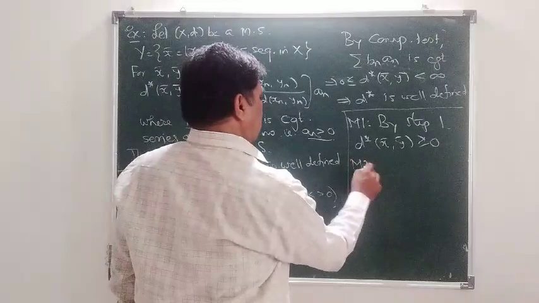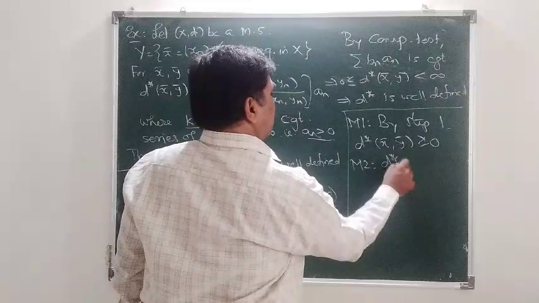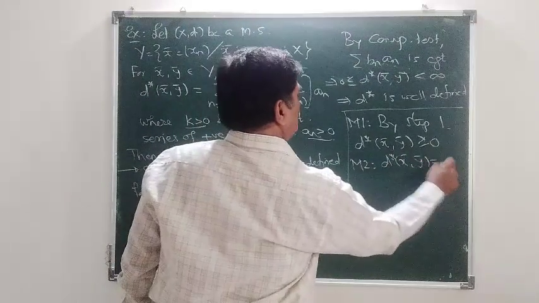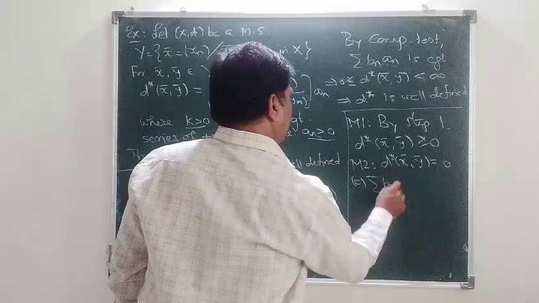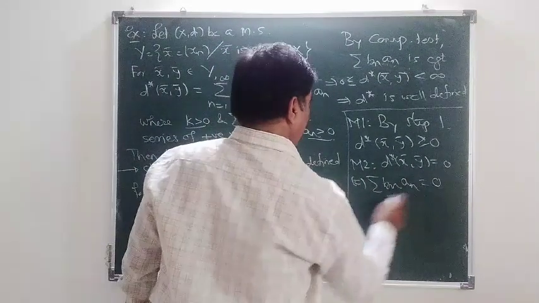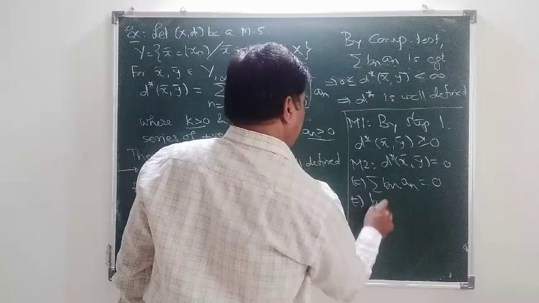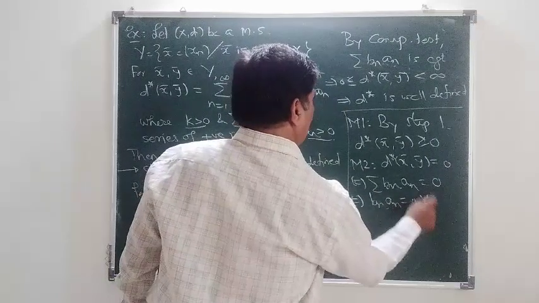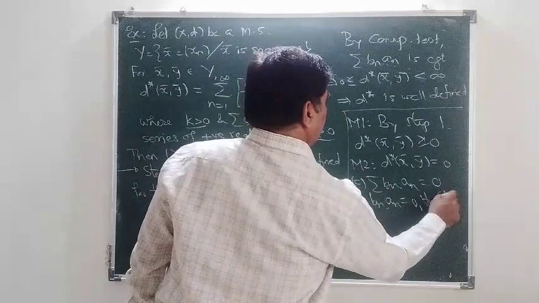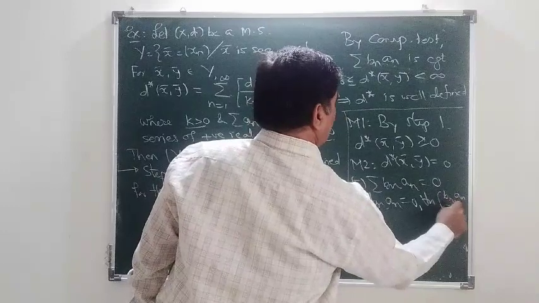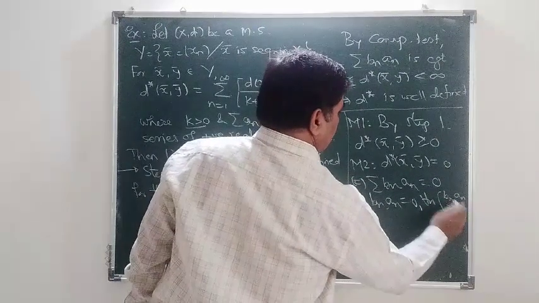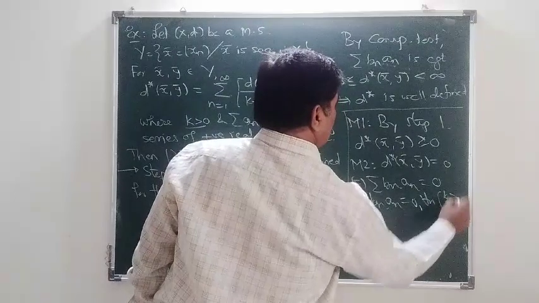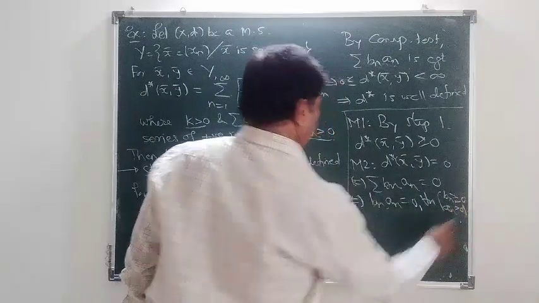M2. d star of x bar, y bar is equal to 0 if and only if summation of bn an is 0, if and only if bn an is 0 for all n, since bn and an both are greater than or equal to zero, bn's greater or equal 0, an's are positive numbers.